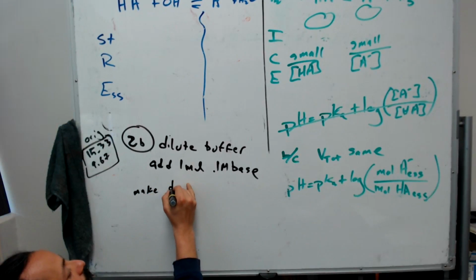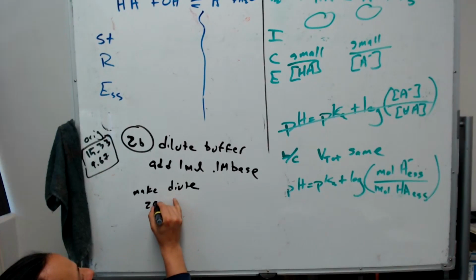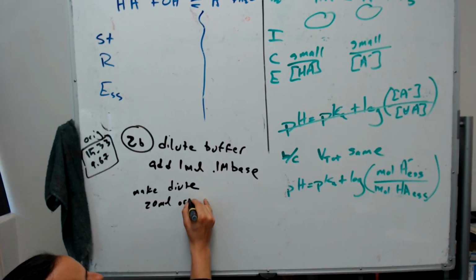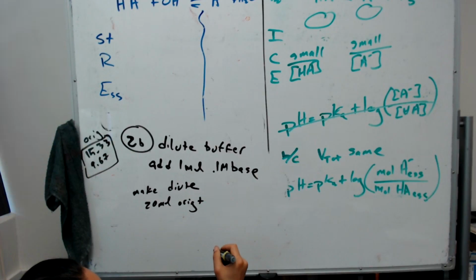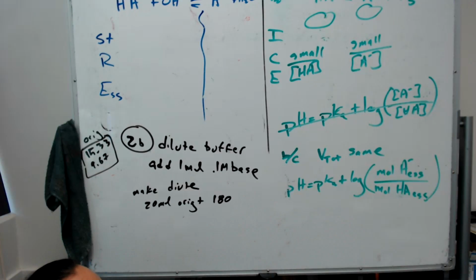You take the original buffer and you add the water. How much original buffer? 20. You do 20 milliliters plus how much water? Oh, I just realized I messed up that last calculation too.